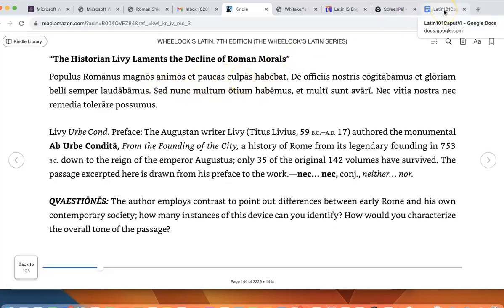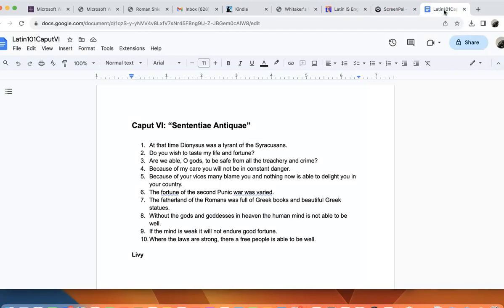That's how I'm going to translate that. So the Roman people had, for habebat, great spirit, for magnus animos, and few faults. In other words, they were virtuous.